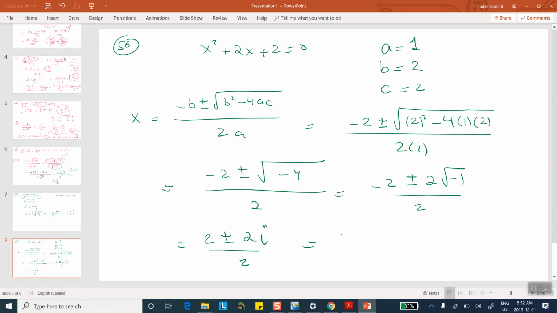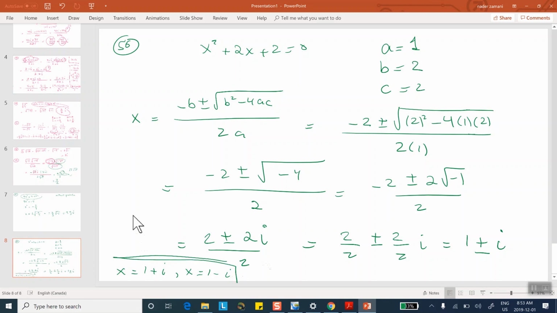And finally, if you wrote it as minus 2 over 2 plus or minus 2 over 2 i, you have your answer, minus 1 plus or minus i. There's two solutions. One of them is x equal to the complex solution minus 1 plus i. The other one is x equal to minus 1 minus i. That's what this plus or minus means. There's two solutions.